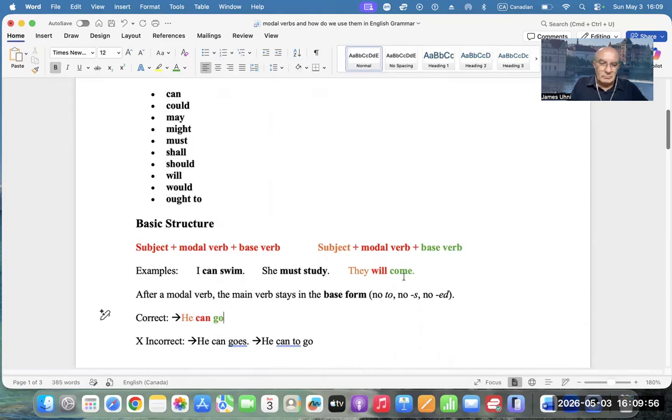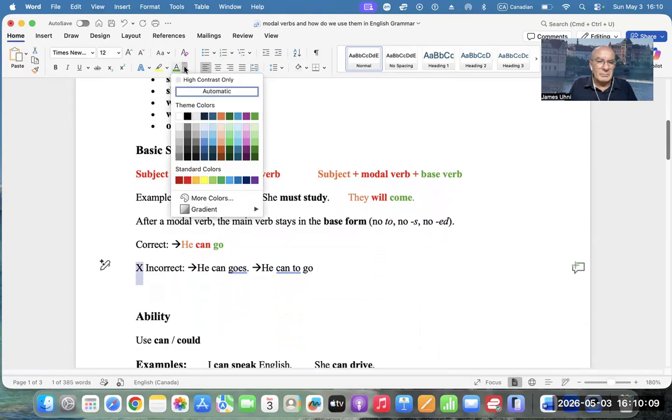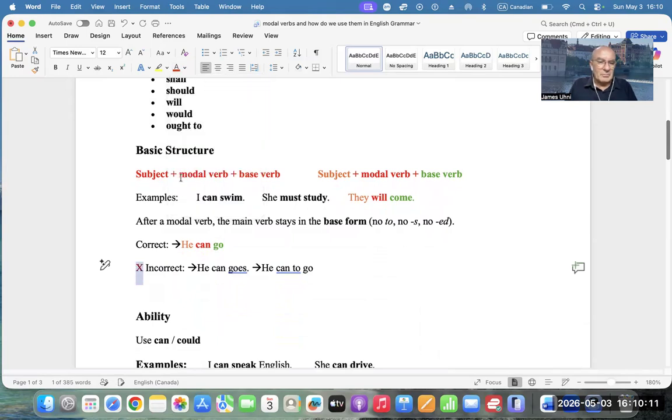So let's continue. And what is wrong? Here is an X. So let me make it red, as it's absolutely no, and I make it intensified. He can goes.